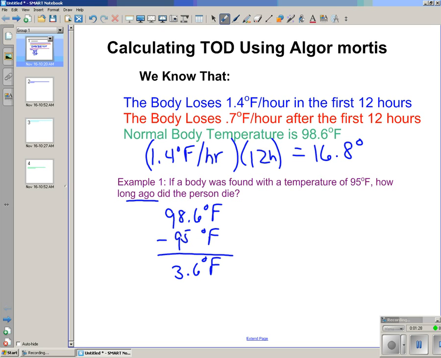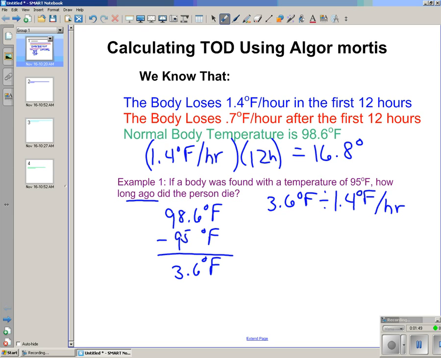So if the number that we found for total degrees lost is less than 16.8, the body has been dead less than 12 hours, so we don't have to do anything further. What we're going to do is take that 3.6 degrees Fahrenheit and divide by 1.4 degrees Fahrenheit per hour.